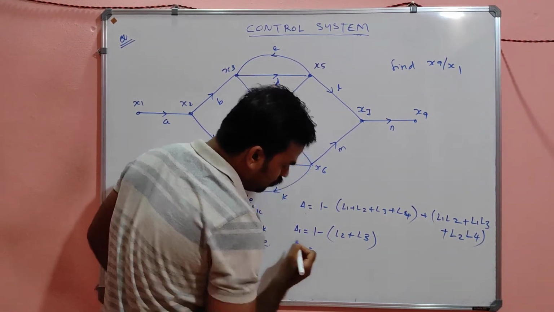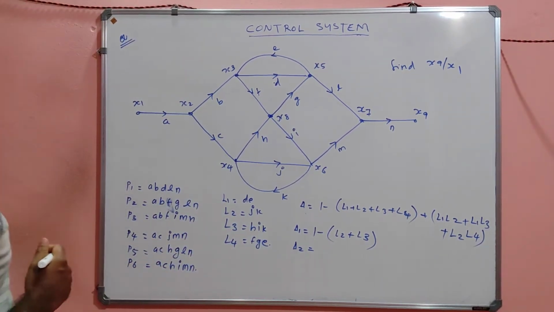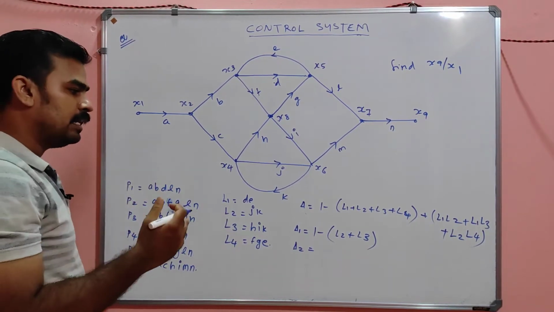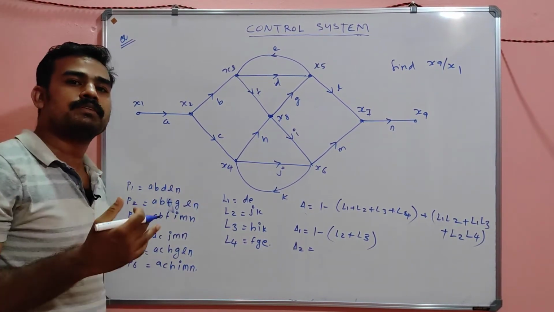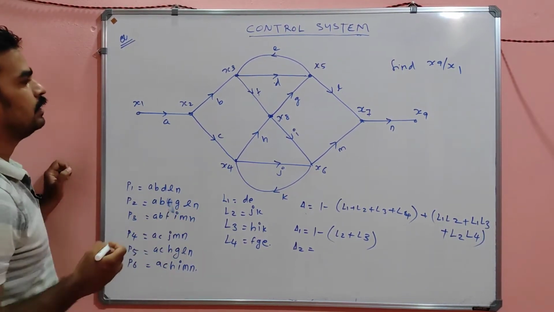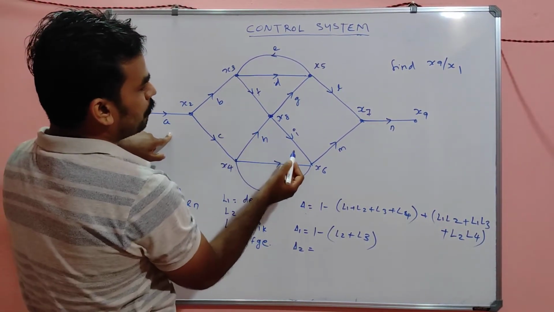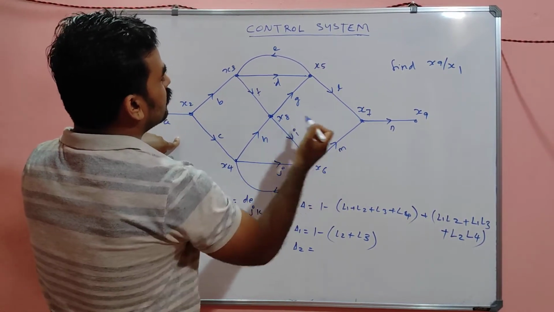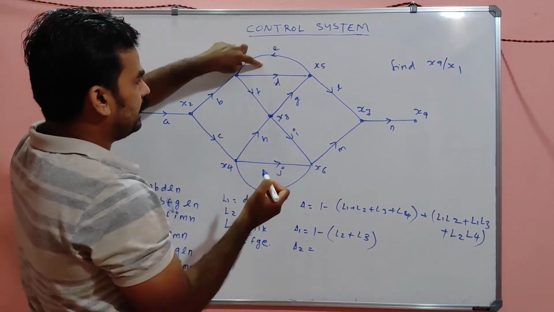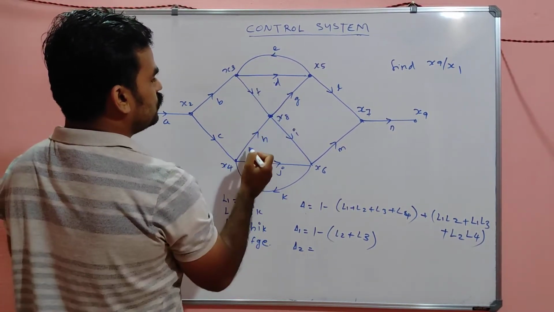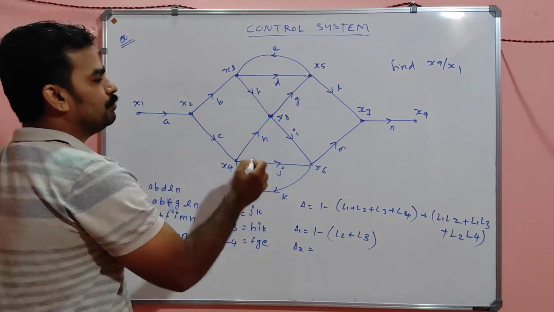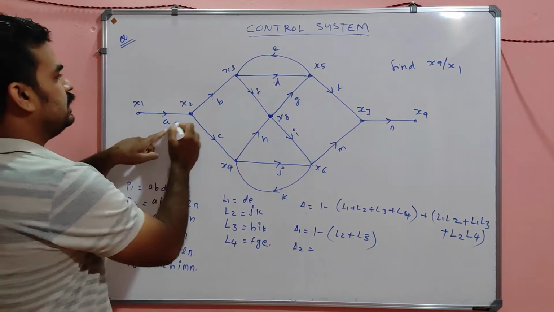Then similarly, what is del 2, my dears? Del 2 is exactly equal to del, except for the loops which are touching the second forward path. What is the second forward path? ABFGLN. ABFGLN touches both these 2 loops, and it is again touching the bigger loop. So only these 2 will live; all other loops will cancel.